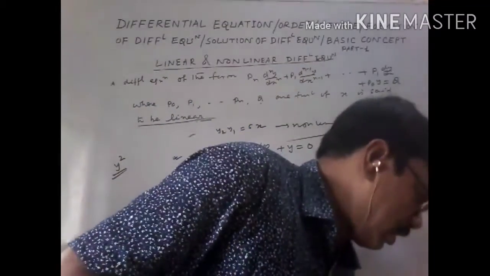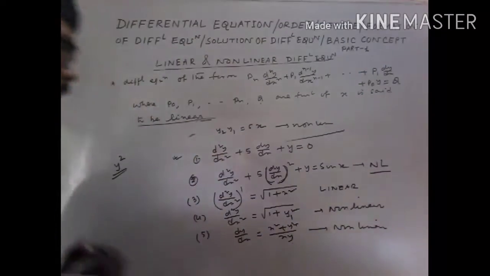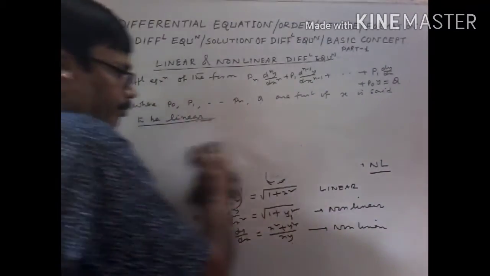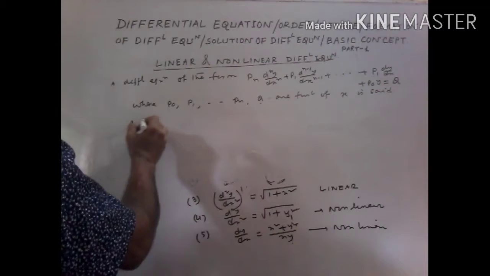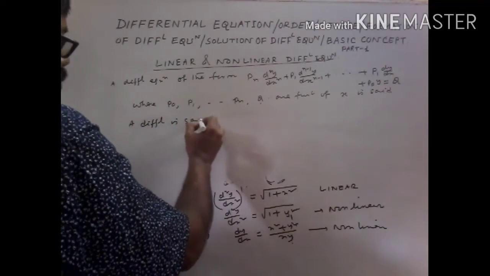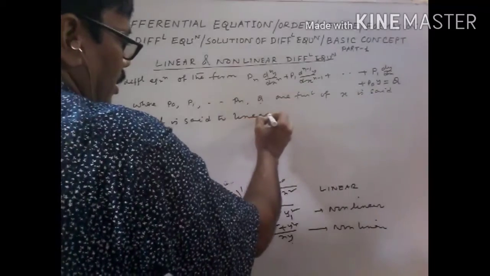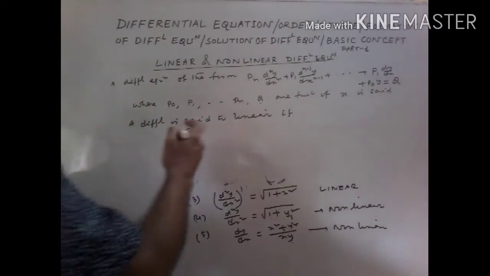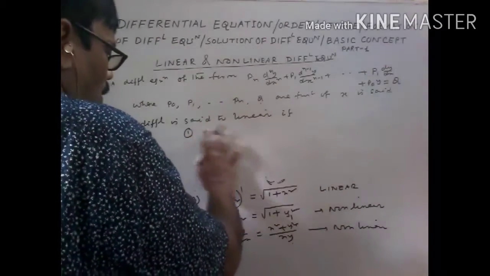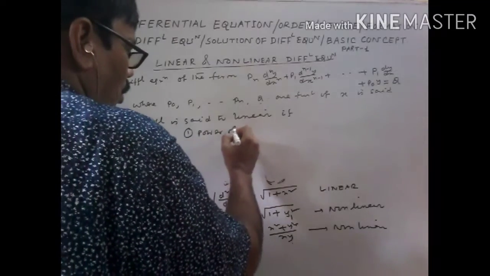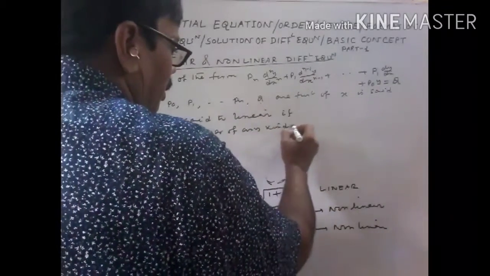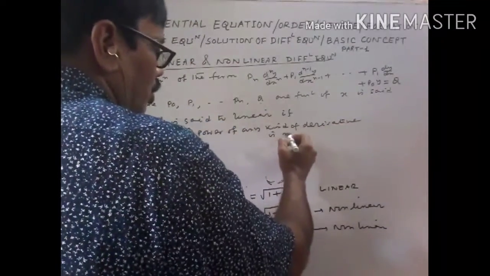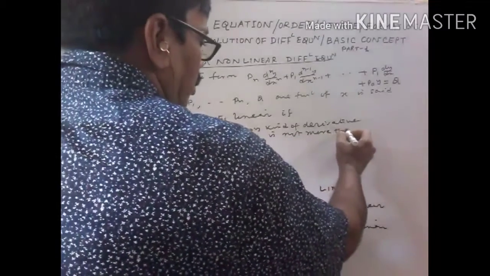So what is a linear differential equation? There are three criteria. Write: a differential equation is said to be linear if, number 1, the power of any kind of derivative is not more than 1.